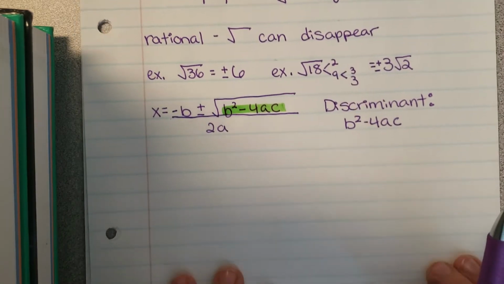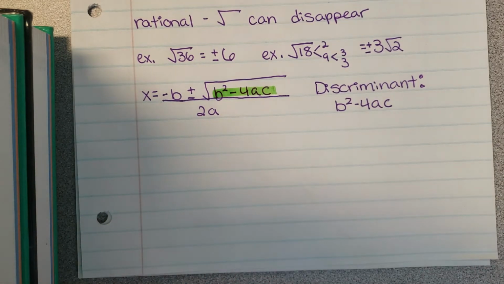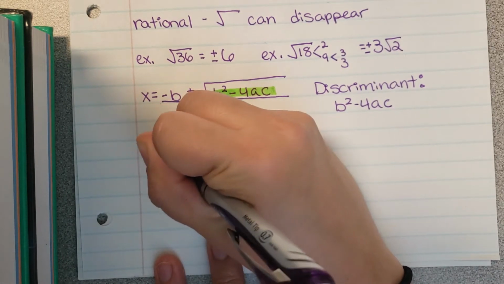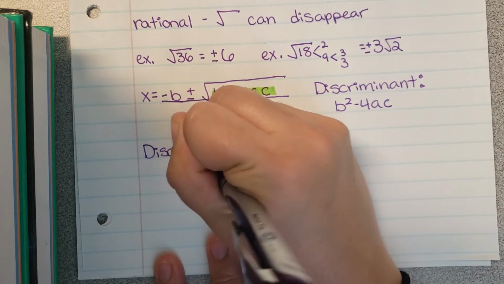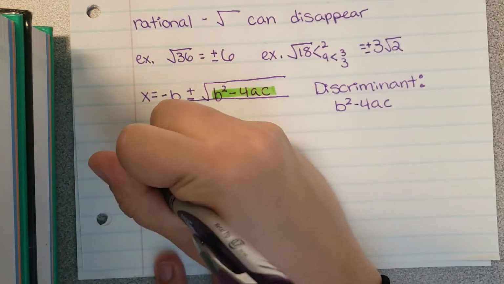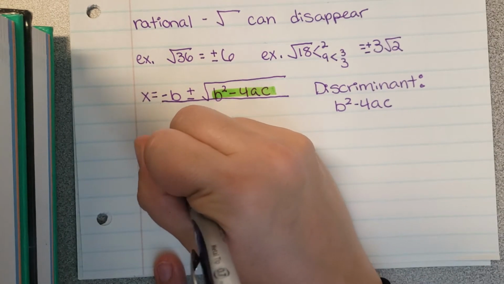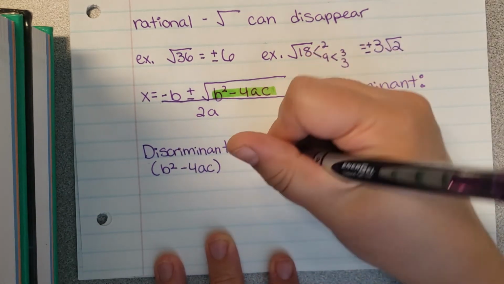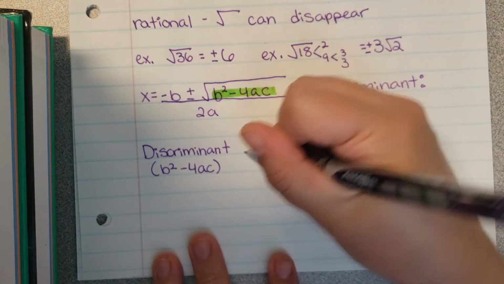So let's make a quick chart so that we can remember what the discriminant tells us. So the discriminant, which again is b squared minus 4ac, can tell us some information.